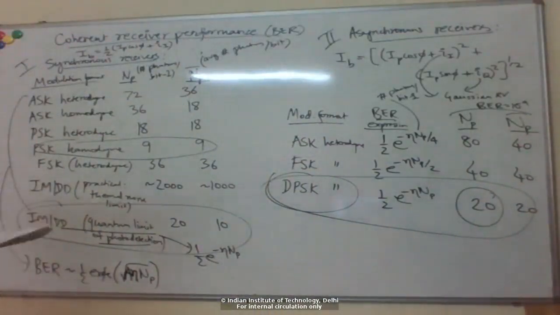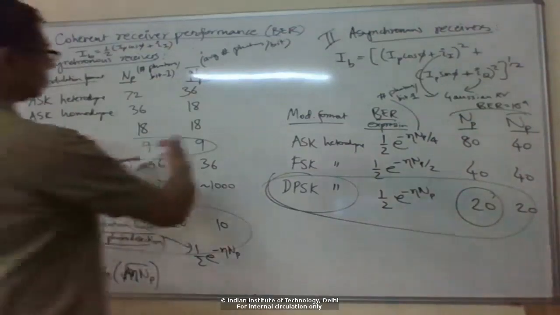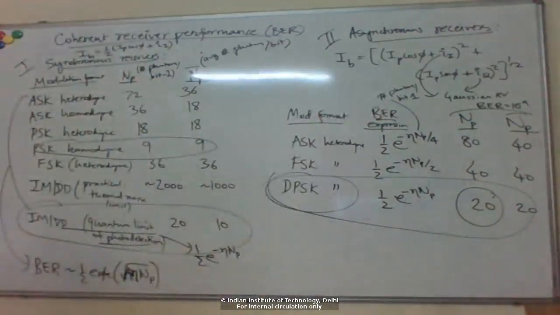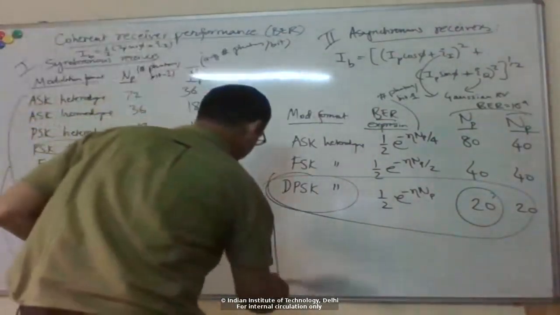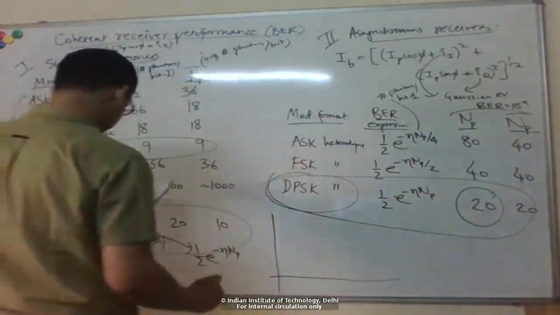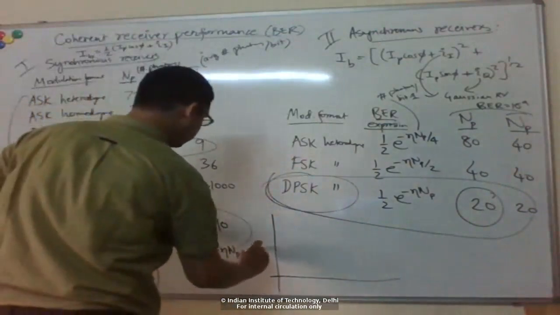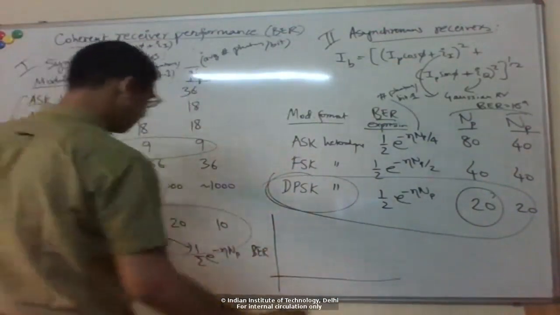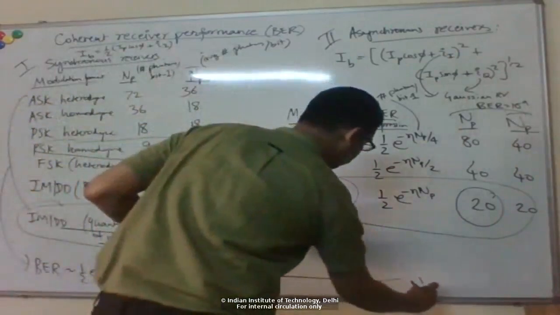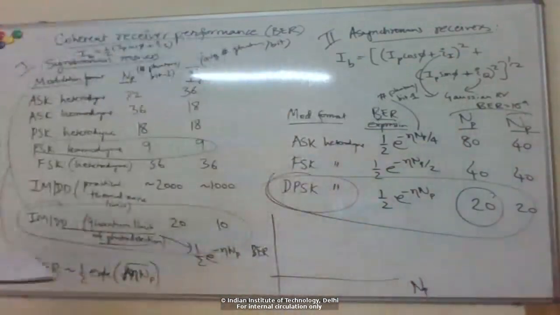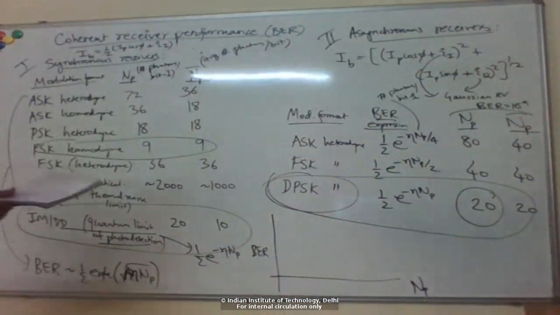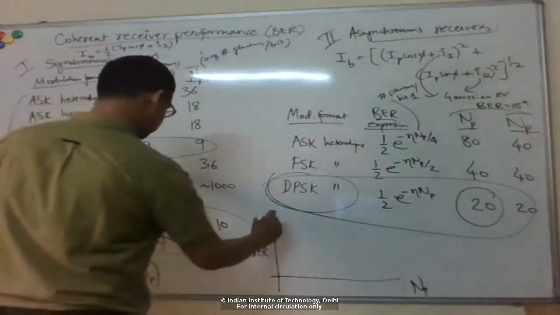Okay, and then we can compare all different kinds of modulation formats and detection schemes, and plot them on a BER versus number of photons per bit plot.